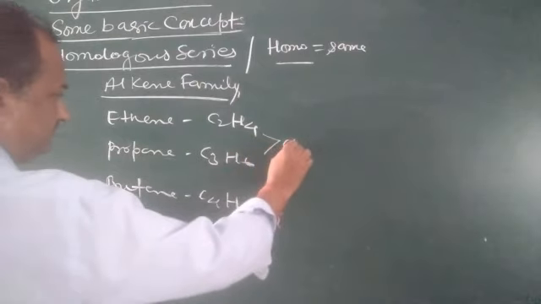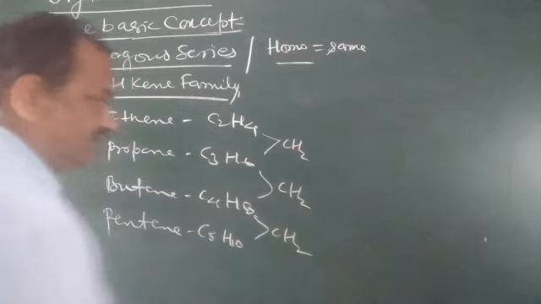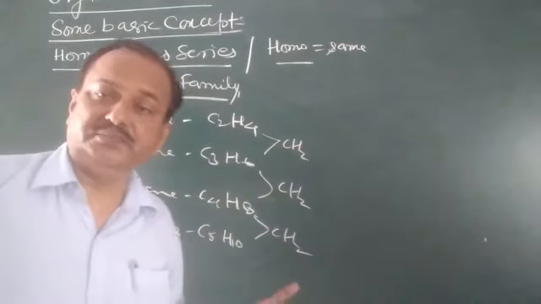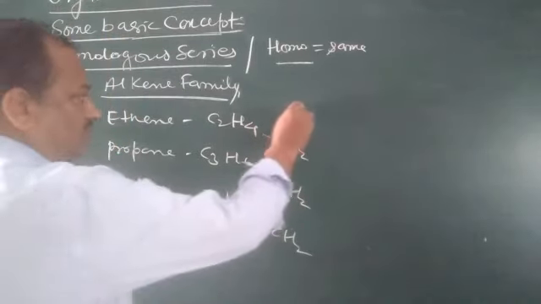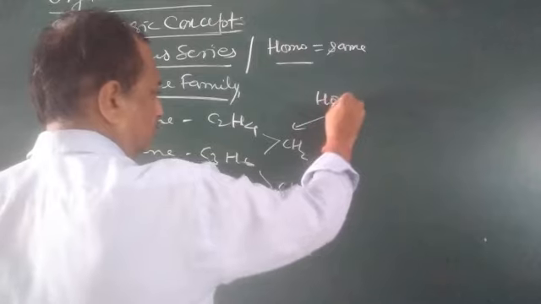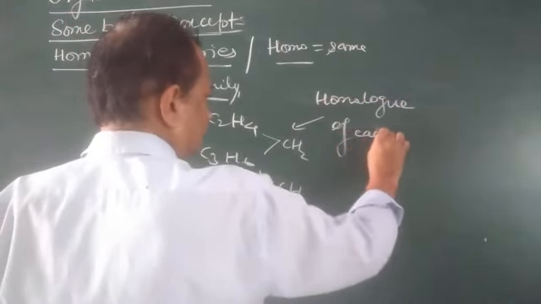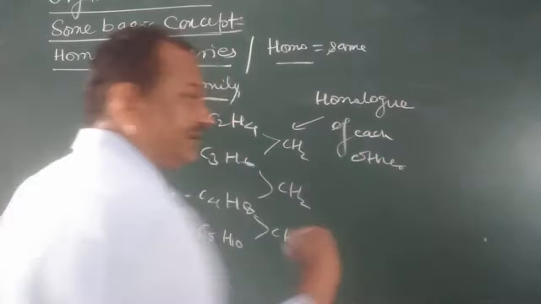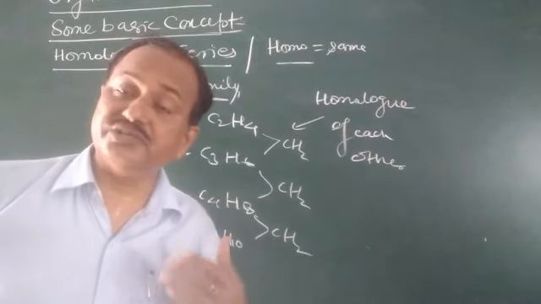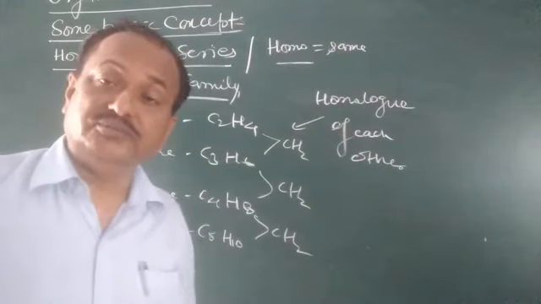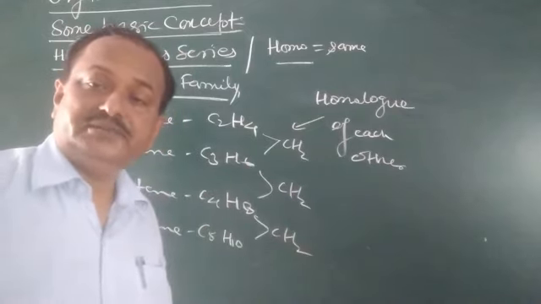So they also differ from each other by CH2. Actually, the adjacent members differ from each other by CH2, and so they are called homologues of each other. So irrespective of the group or family, alkanes, alkenes, alkynes, or any family, alcohols, carboxylic acids, all are said to be homologous of each other when they differ from each other by a constant margin.